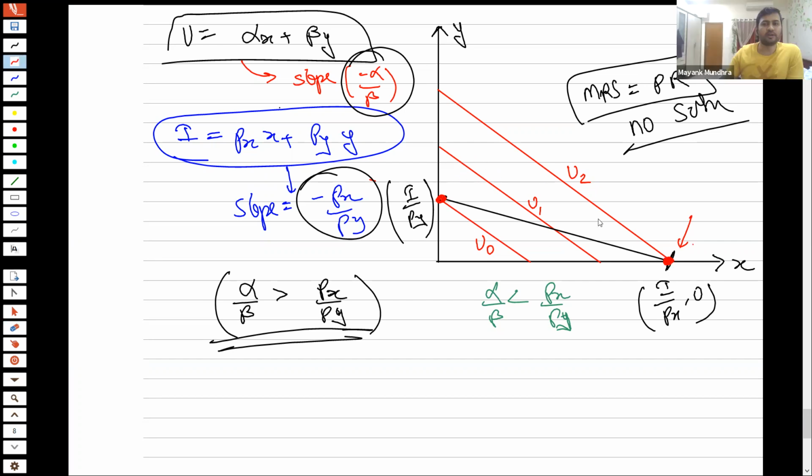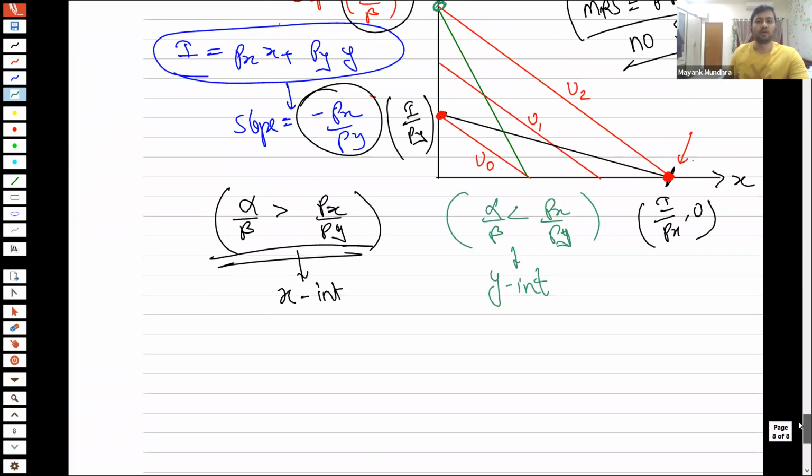So this point is on a higher indifference curve, so x-intercept is going to be a higher utility. So this point is going to be the ideal point. So whenever you have a situation where the budget line is flatter than the indifference curve, you'll go to the x-intercept. Whereas the opposite will happen when you have a situation like this. Now it's the y-intercept which will have the higher utility. So in this case, you will go to the y-intercept.